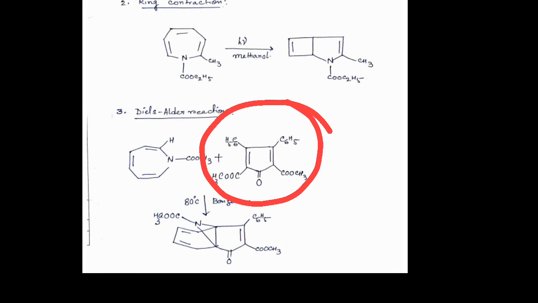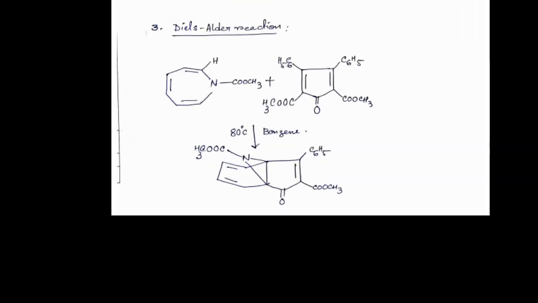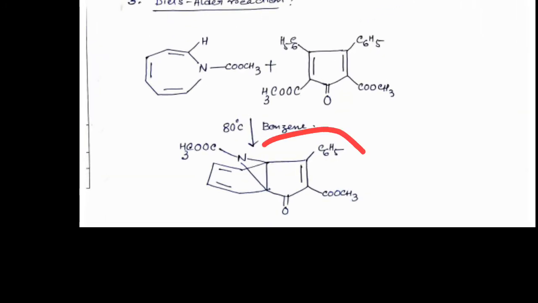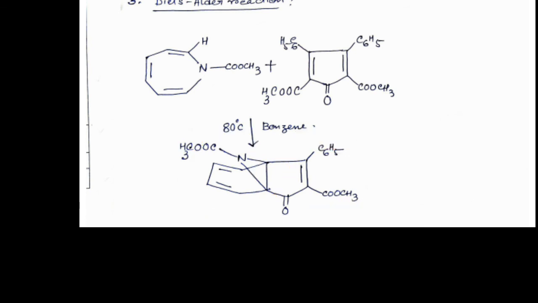This is the specific structure of the azepine derivative, with an ethyl carboxy group at position N. Whenever it reacts with this 5-membered compound, which is a huge structure with two phenyl substituents at adjacent positions and methyl carboxy groups at two adjacent positions, as well as a carbonyl group, in benzene at 800 degrees Celsius, a specific huge structure is formed.